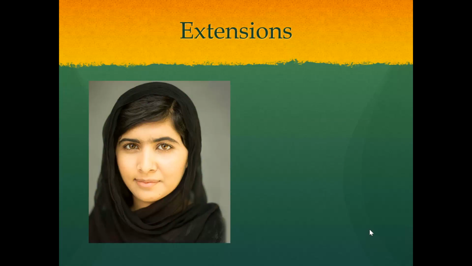When you're teaching and you want to teach about individuals in history, there are lots of things you can do, and I'm calling them extensions in this case. What could you do as teachers to extend the learning of your students?